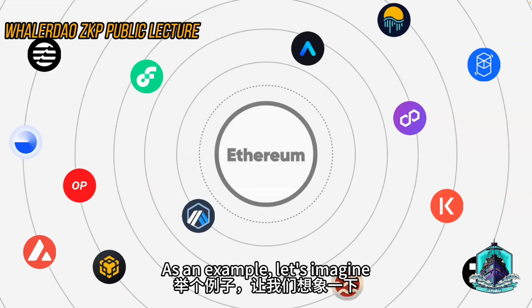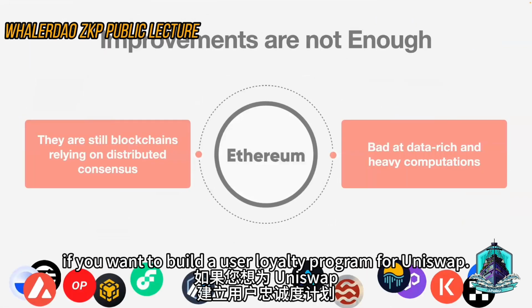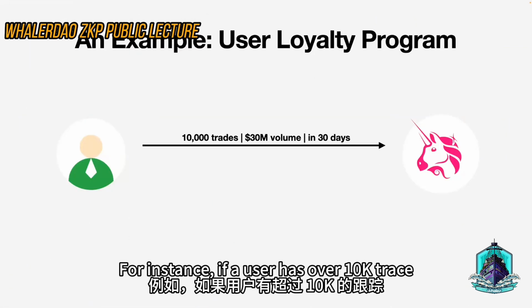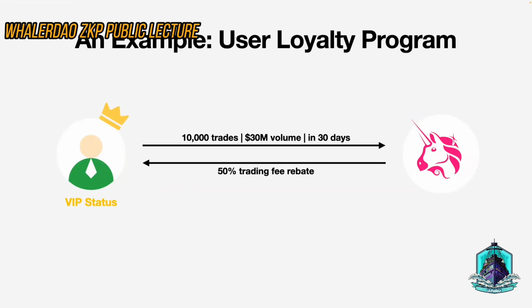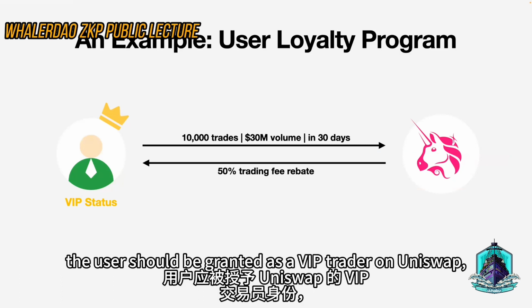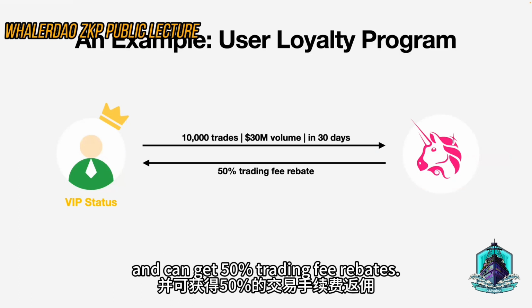As an example, let's imagine if you want to build a user loyalty program for Uniswap. For instance, if a user has over 10K trades with 30 million US dollars volume for the past 30 days, the user should be granted as a VIP trader on Uniswap and can get 50% trading fee rebates.